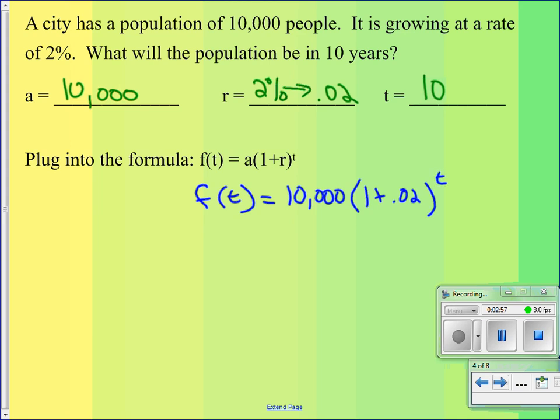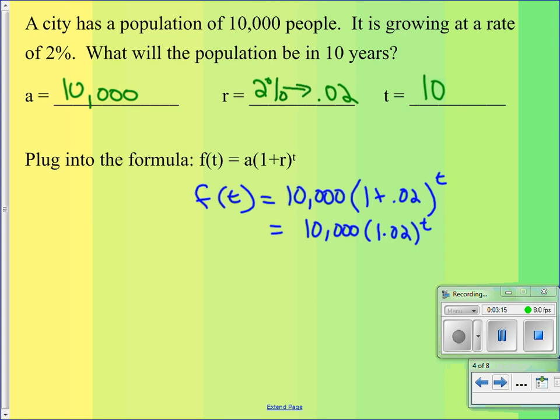That's the function that we would use. So we can simplify that to 10,000 times 1.02 raised to the t. Now we can plug in any time we want and figure out the future population.